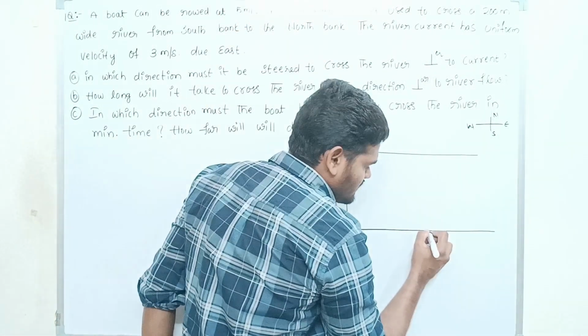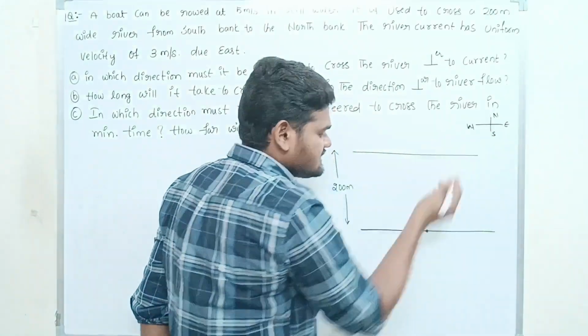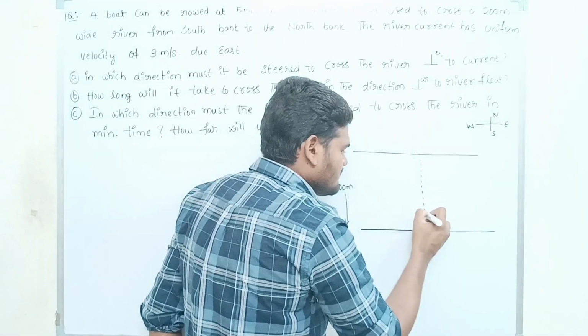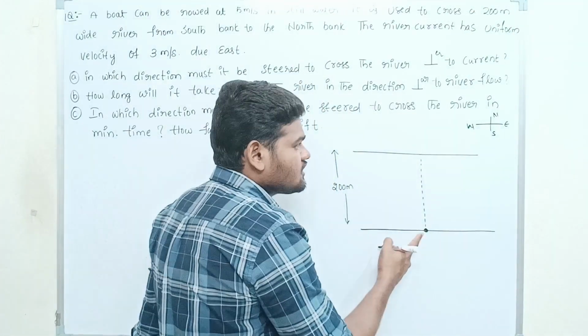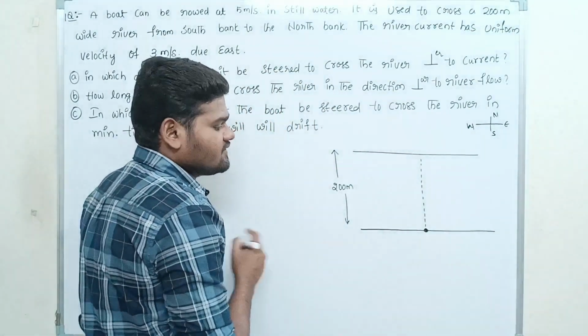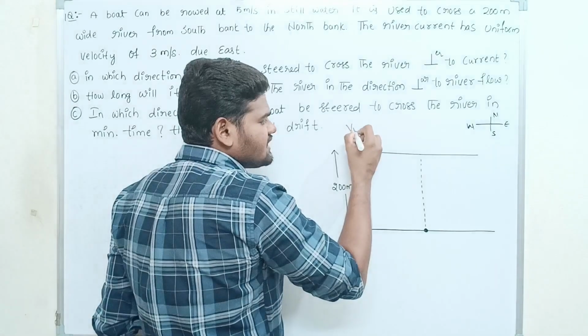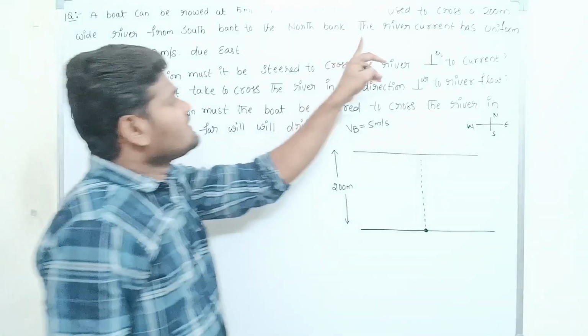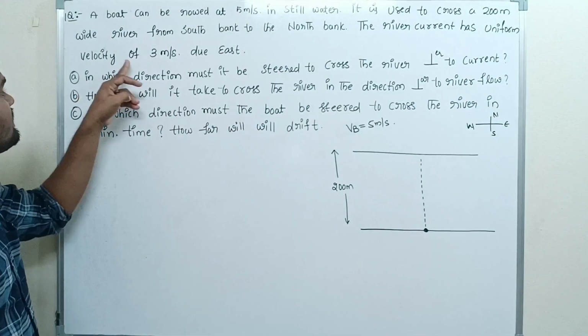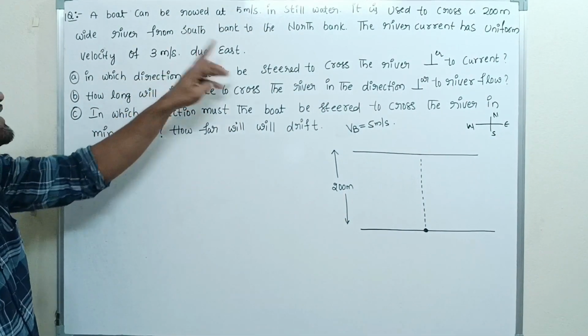So this is the south direction and this is the north direction. This is the south bank and this is the north bank of the river. Here is a boat. So the velocity of the boat is given as how much? 5 meter per second. The river current has a uniform velocity of 3 meter per second due east.